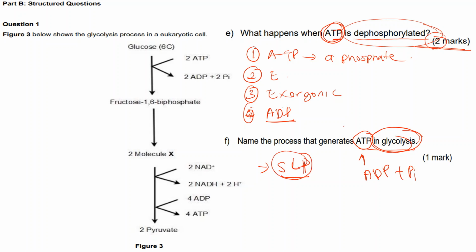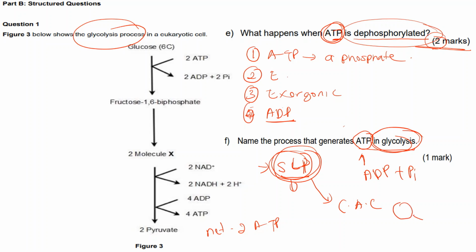But the production of ATP through substrate level phosphorylation only produces a small number of ATP molecules. As you can see, for glycolysis, substrate level phosphorylation only produced a net of 2 ATP molecules. Another process that also produces ATP through substrate level phosphorylation is the citric acid cycle. For a complete cycle of the citric acid cycle, it only produces 1 molecule of ATP.